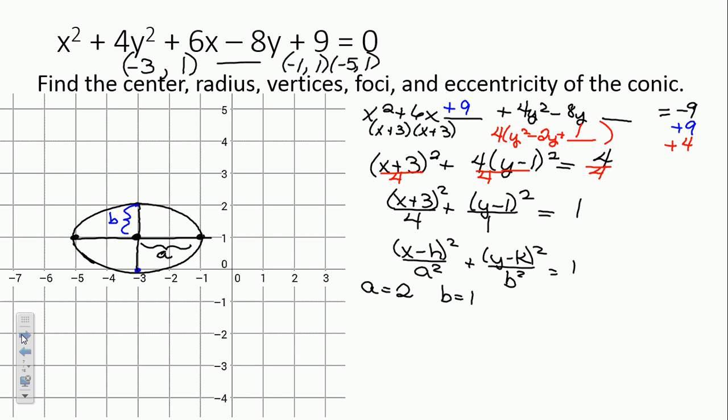And now we just need to find the foci. We need to see how far from the center we need to move left and right. So c squared was what? A squared minus b squared. So a squared was 4. B squared was 1. So c will be the square root of 3.